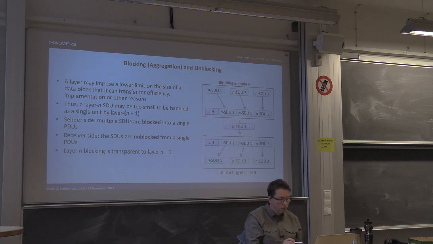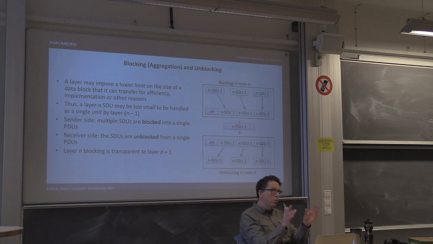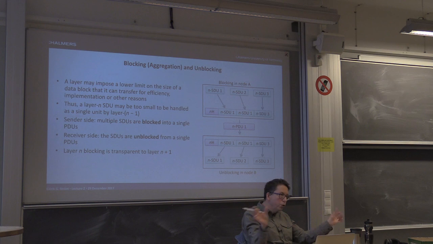Okay. So at the sender side, multiple SDUs are blocked into a single PDU. At the receiving end, the SDUs are unblocked from a single PDU. So at the receiving end, I get a PDU, which consists of many service data units. So I take them apart and send them up individually to the layer above.